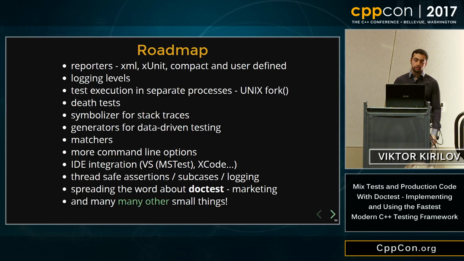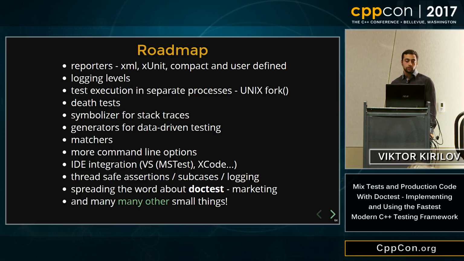Death tests, which is an idea taken from Google Test. Generators for data-driven testing, matchers, more command line options. A big one is integration into IDEs, because currently Doctest doesn't have adapters for Visual Studio or Xcode or CLion or anything like that.